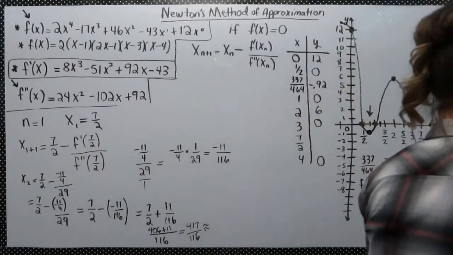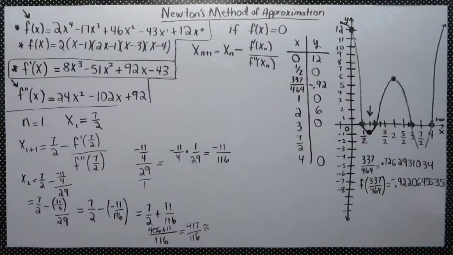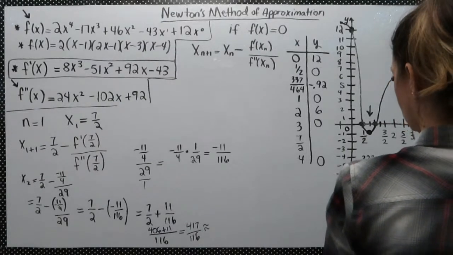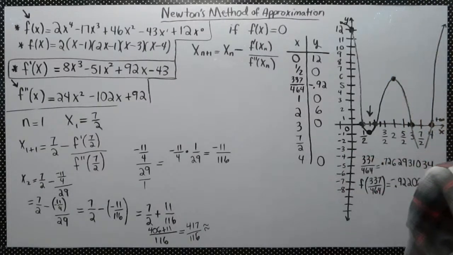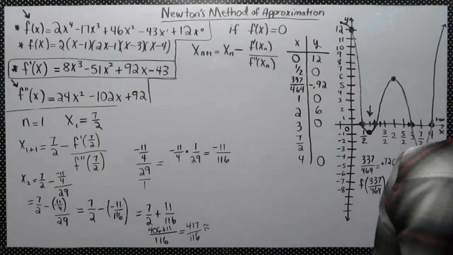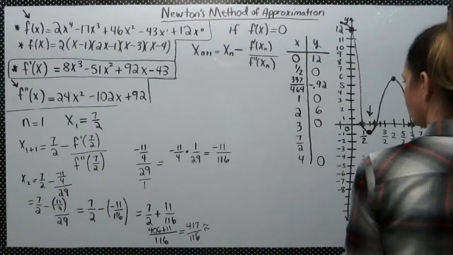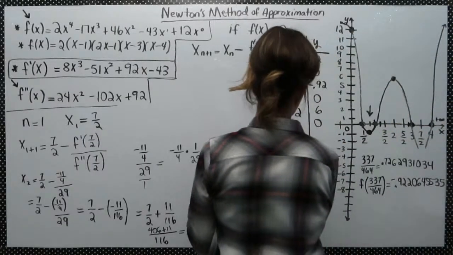Let's see where that is approximately. 417 divided by 116 is 3.594. So that's real close to 7 halves. So we'll go ahead and replace that here.